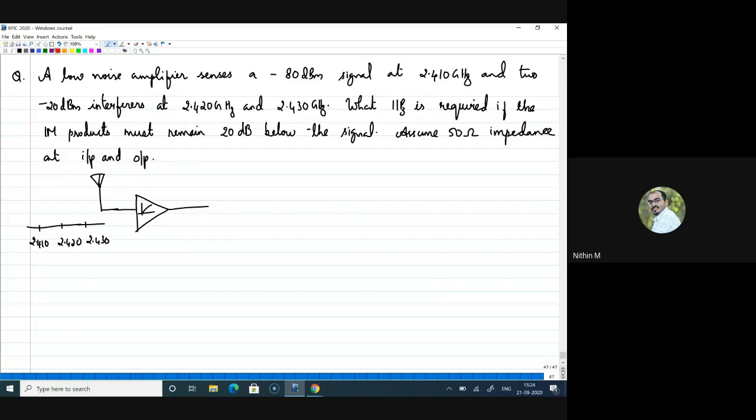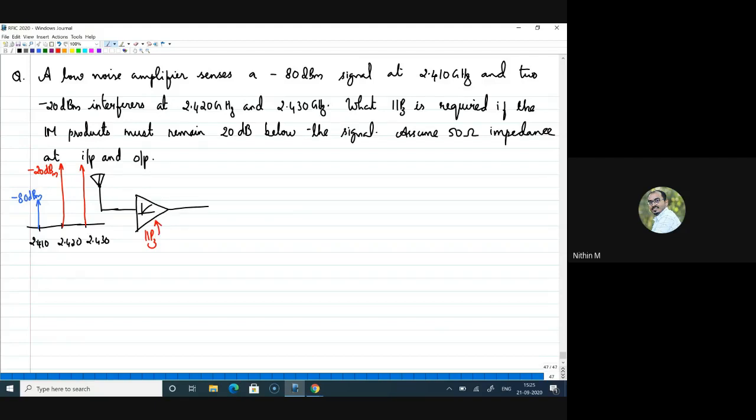At 2.410 you have the signal of minus 80 dBm, and the interferers are at minus 20 dBm, a higher level. The question is the IIP3 of this system.